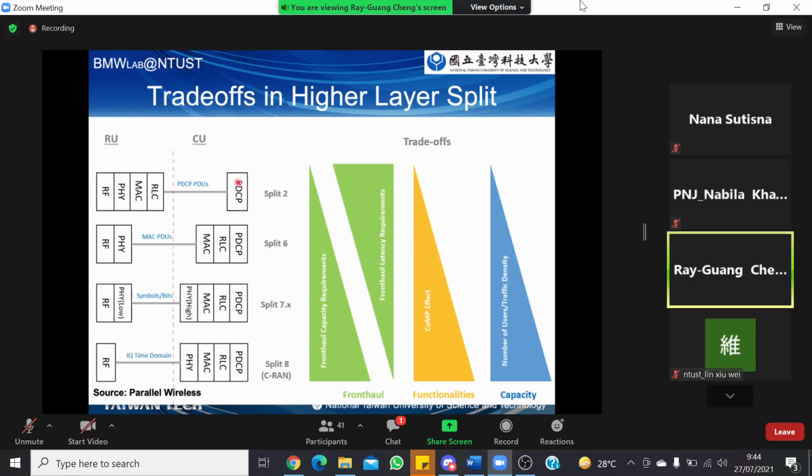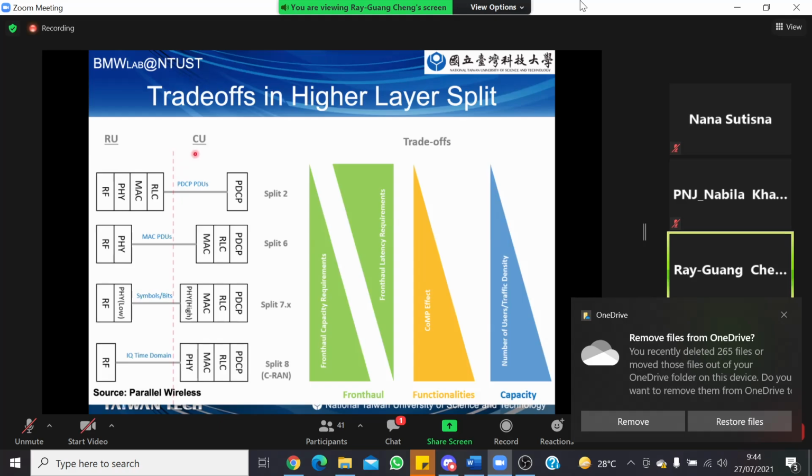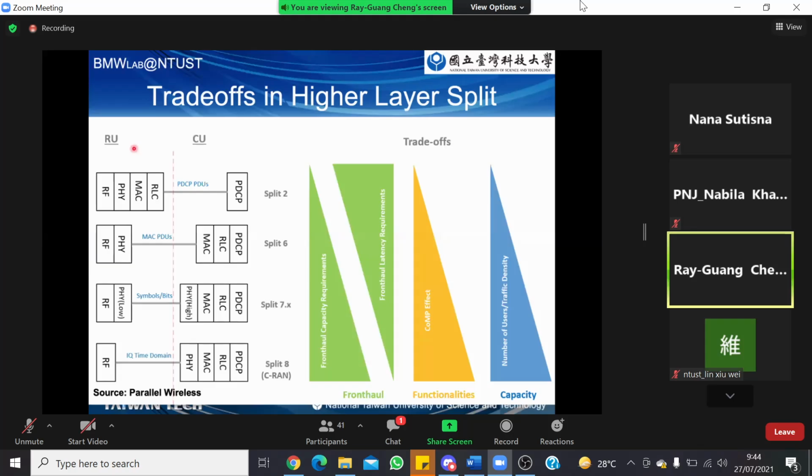So when you want to combine the packets, you only need to choose which PDCP from RU1 or RU2, or RU plus DU1 and 2. You just choose the correct one. It's quite easy. But if you want to do it in the physical layer, you need to get the IQ from two base stations, decide which of them is good, and then combine them. The effort is more complicated.